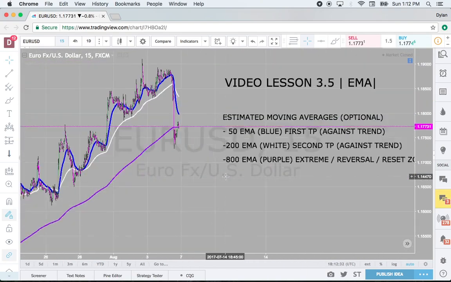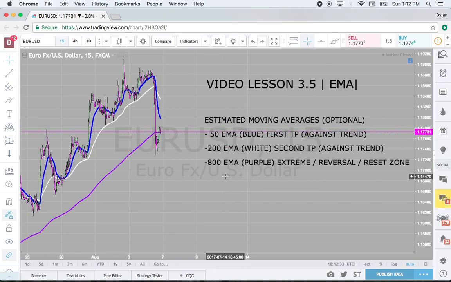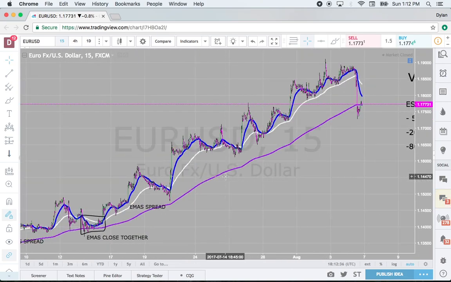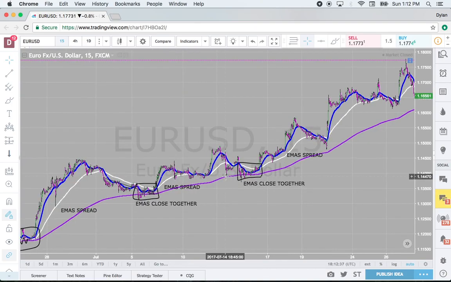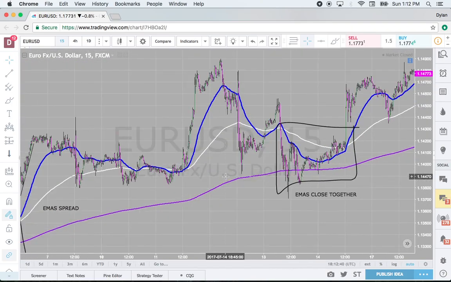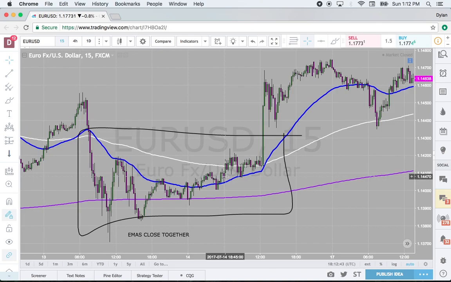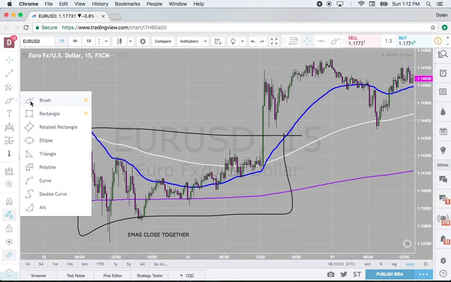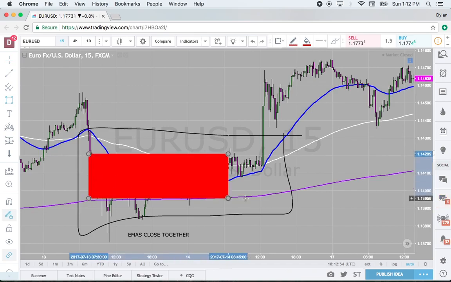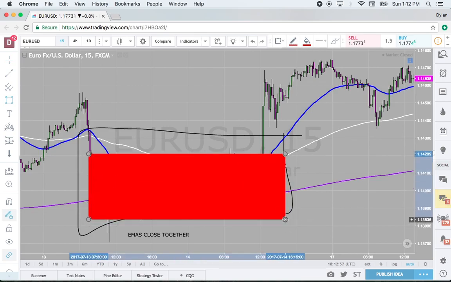So, for example, when all the EMAs are close together, when they're all bunched together like this, and price is in a state of consolidation, and yeah, you can see the consolidation there.